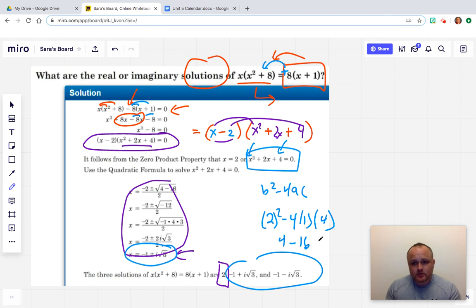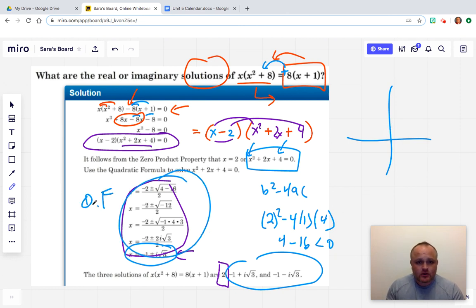This is a negative 12, obviously negative. And because it's negative, it never goes through the x-axis and you will have imaginary roots. That's why we choose to do the quadratic formula. Otherwise, you're doing quadratic formula every single problem, and it's annoying, it takes forever, and it's not efficient. But these would result as your imaginary solutions when you look at all this work and simplify.